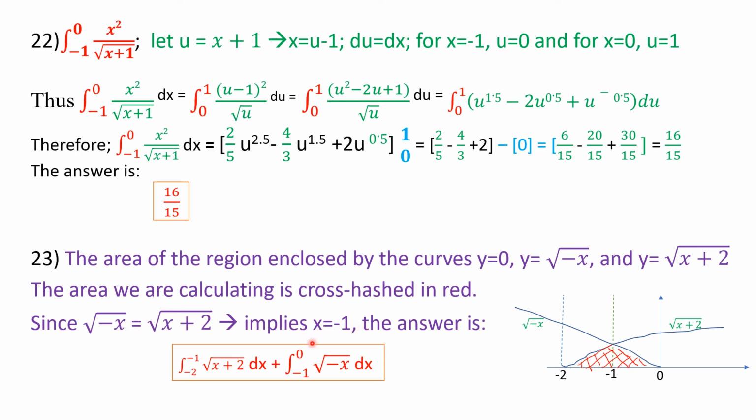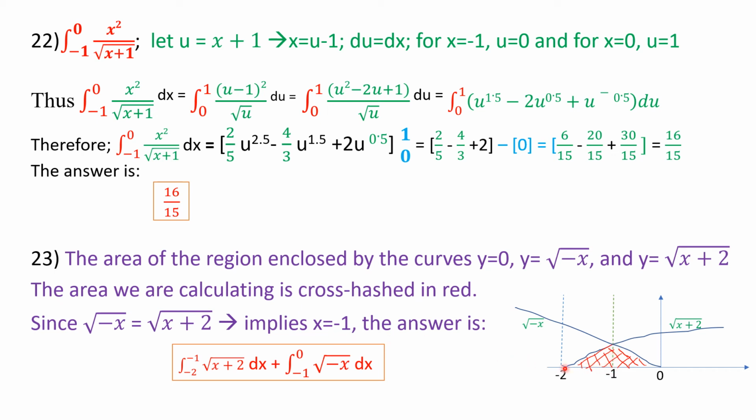So when we do the integration between negative 2 and negative 1, the function must be square root of x plus 2, because this area is really controlled by square root of x plus 2 and y equal to 0, and the vertical line x equal to negative 1.